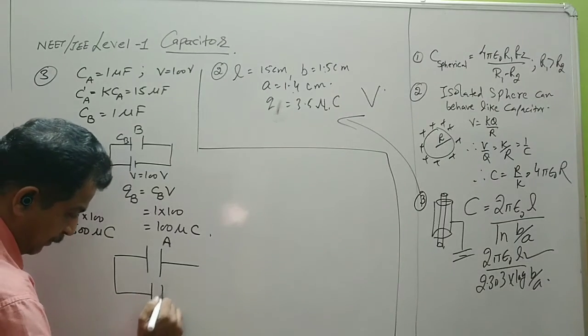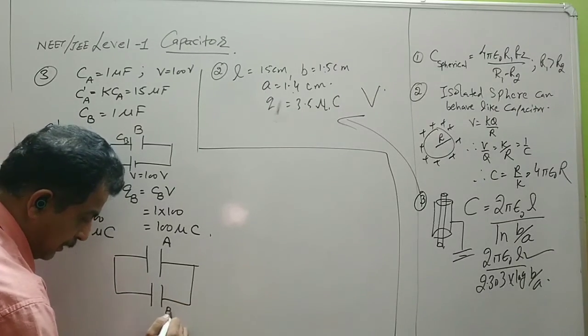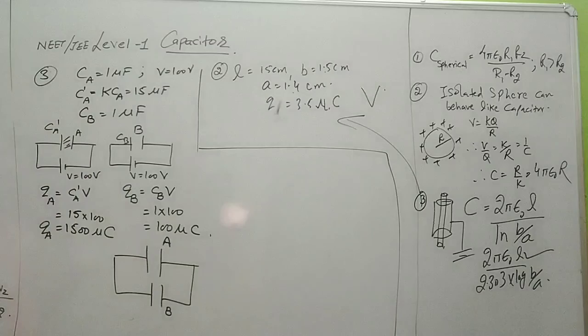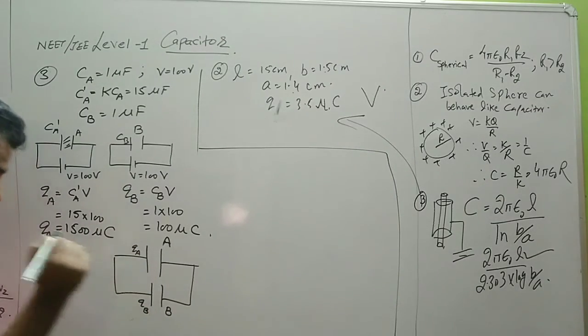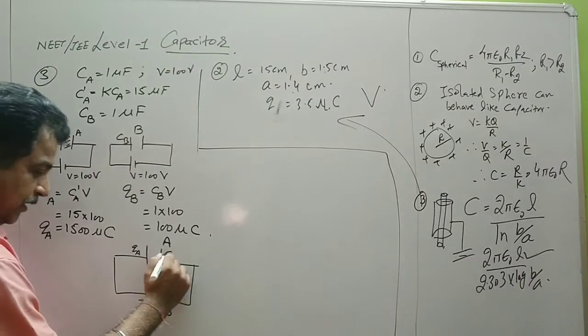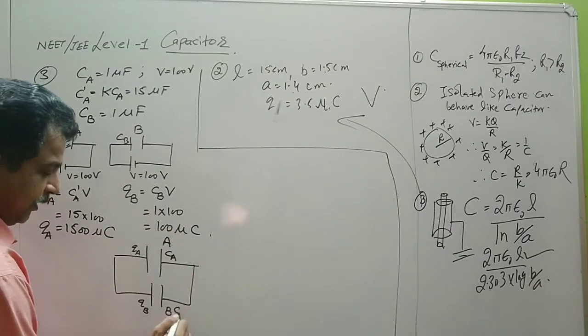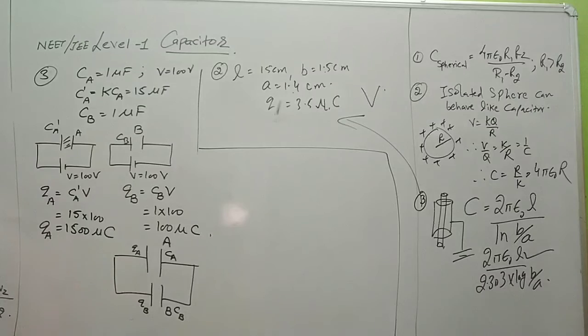This is capacitor B. So whether we have a dielectric or we don't have a dielectric, the charge remains constant. So here the charge deposited is QA, the charge deposited on this is QB, even after the removal of the battery. But now its capacity should be taken as CA, and this as CB. What will happen?